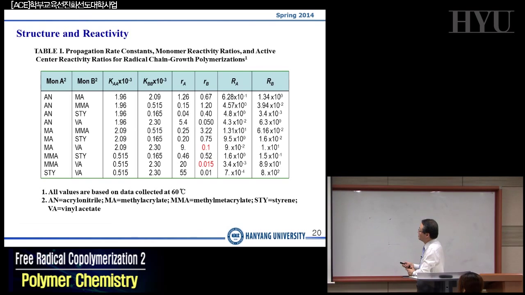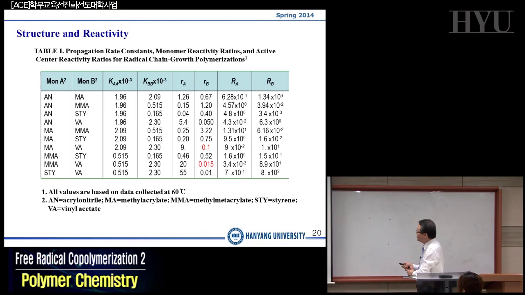In other words, small RA in this case is 1.26, small RB is 0.67. If you compare large RA and large RB, large RB is much larger than large RA, whereas small RA is larger than small RB.